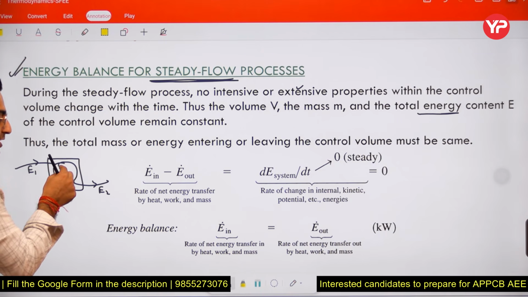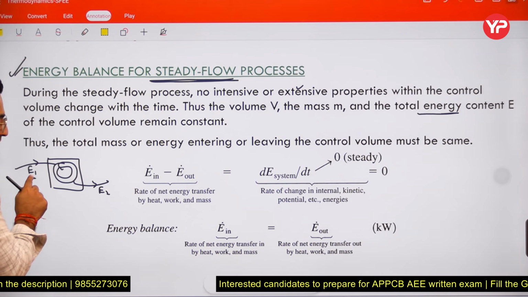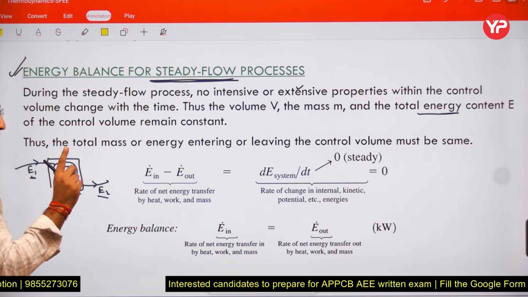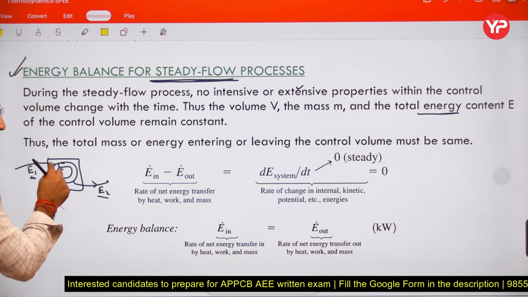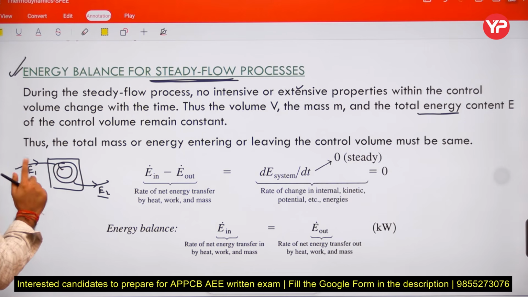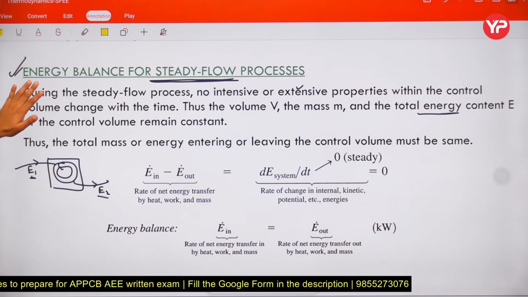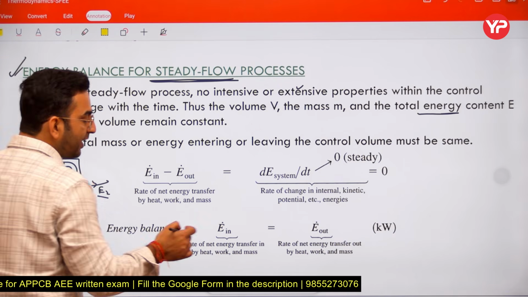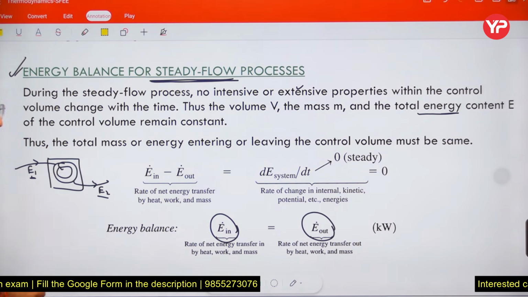So an energy change is not experienced only when the energy rate at the inlet and at the outlet are equal to each other. In that case, you are not going to experience any energy change inside the control volume, okay. So remember this part. I can say for the steady flow process, the energy in must be equivalent to the energy out.